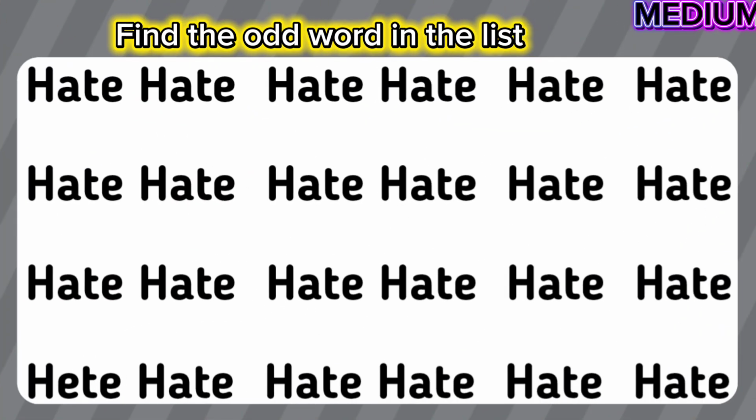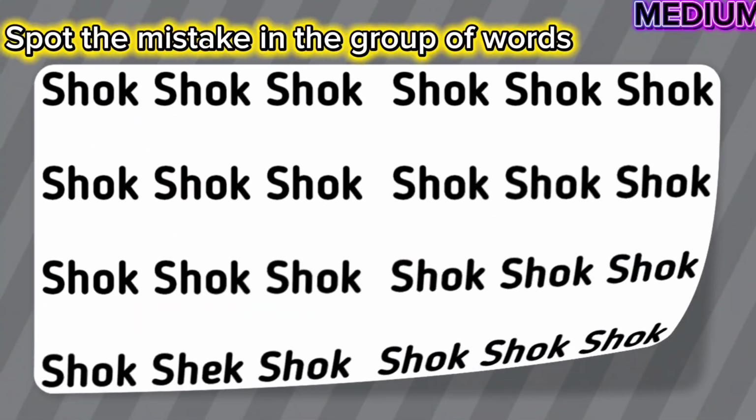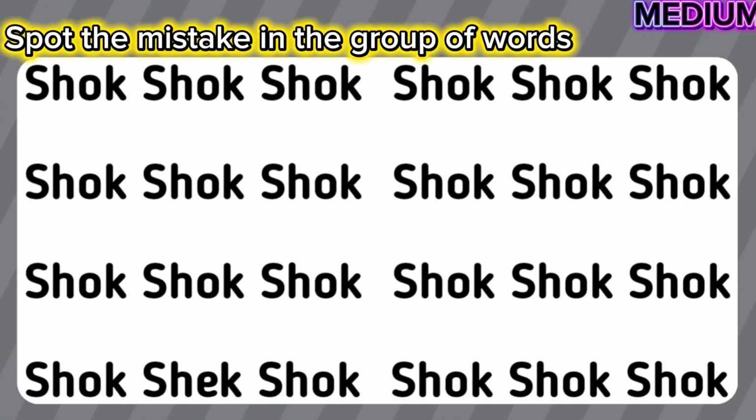Find the odd word in this list within given time. Your time is over and the word is here. Spot the mistake in the group of words within given time.